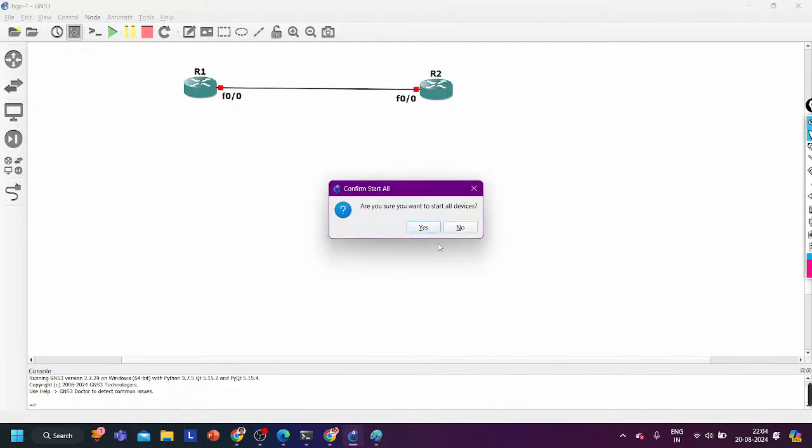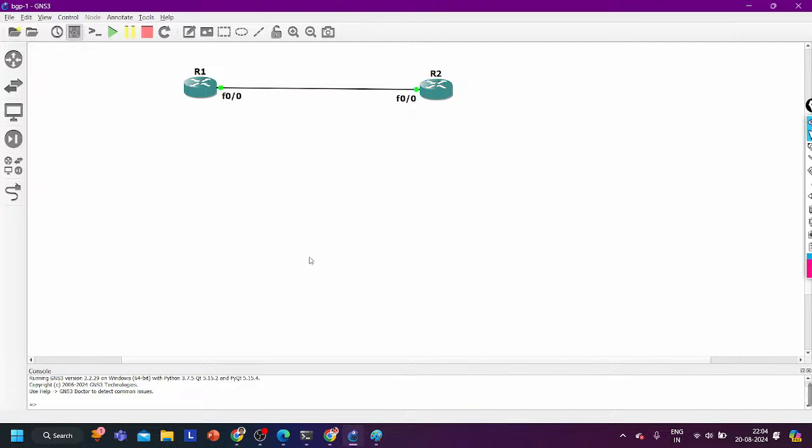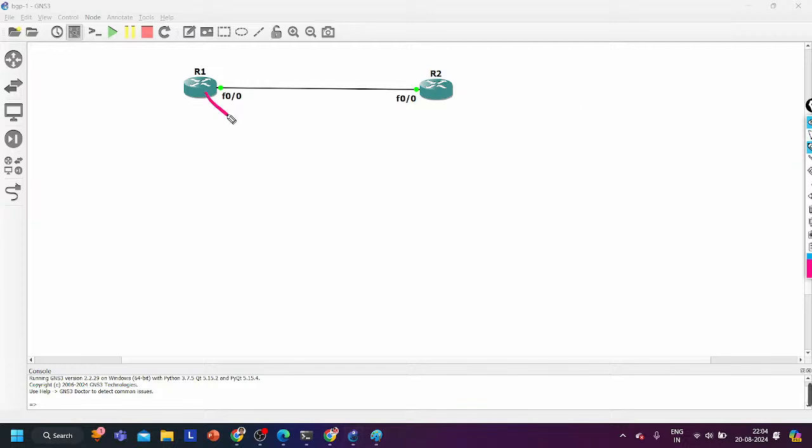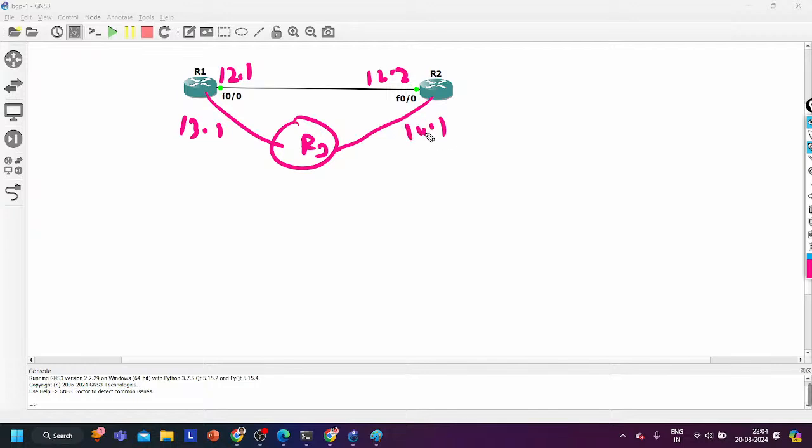Now let's say this is my scenario. And guys, one more thing. Between router 1 and router 2, I have, let's say, one more link here, router 3. Here the IP address is 12.1, here 13.1, here 12.2, here 14.1.